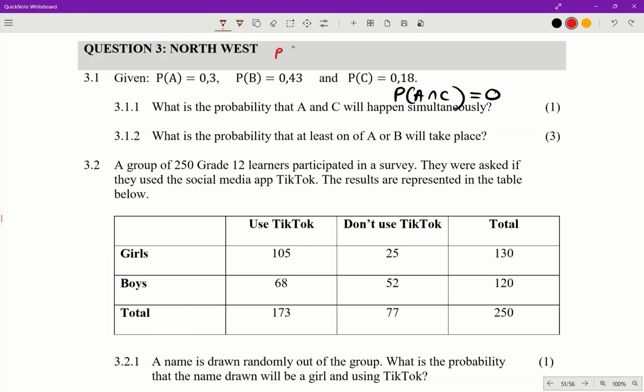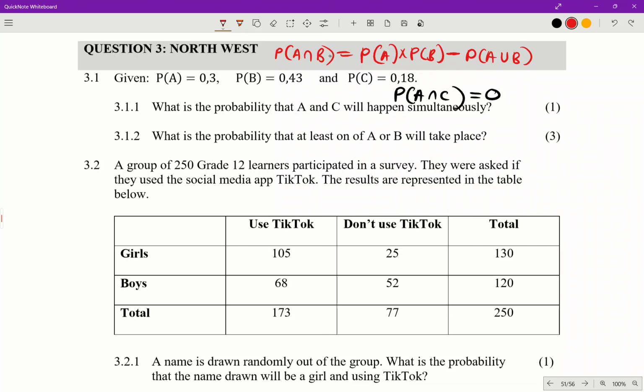The probability of A or B is equal to the probability of A plus the probability of B minus the probability of A and B. You know this golden rule, guys.